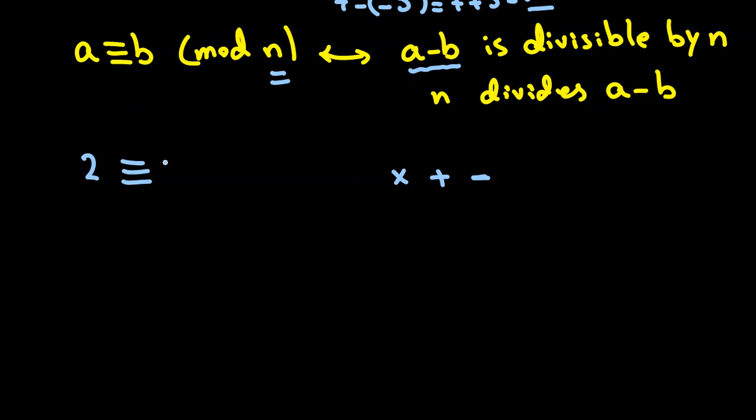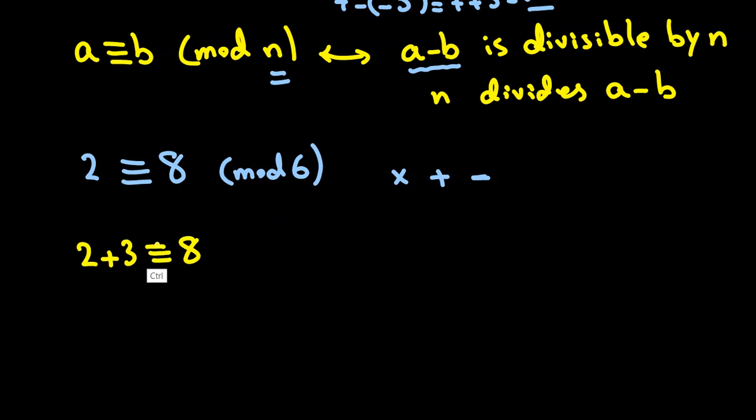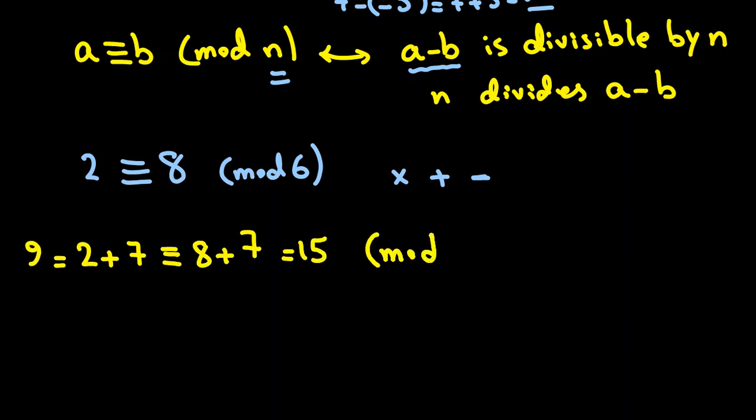For example, you have 2 is congruent to 8 mod 6. Okay, 8 and 2 have the same remainder. You can add both sides by the same number, for example, by 7. And 2 plus 7 will be 9, and 8 plus 7 will be 15. And both of them are congruent mod 6. They have the same remainder, or 15 minus 9 is 6, a multiple of 6.